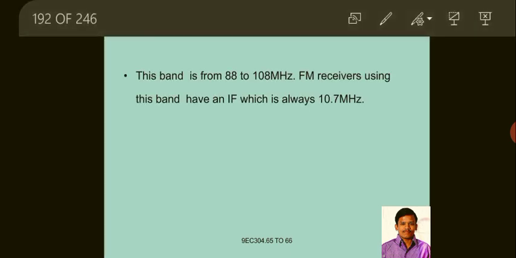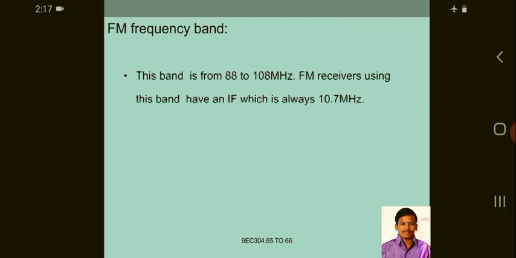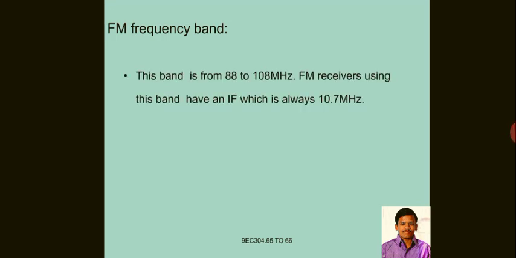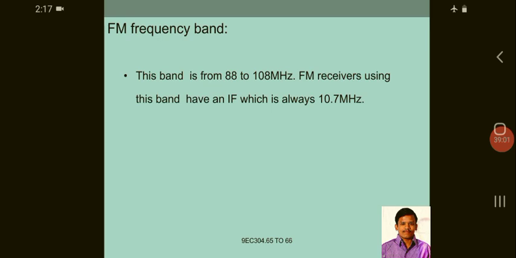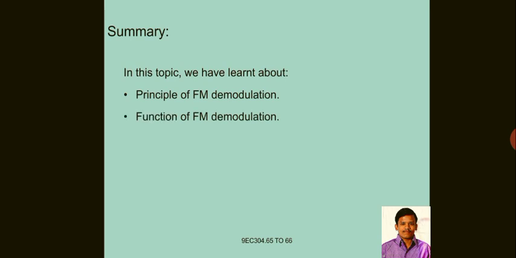Therefore, up to now we have seen FM modulation and demodulation. Let me quickly summarize whatever we covered. In this topic we learnt about the principle of FM demodulation, the function of FM demodulation, and different types of FM demodulators.